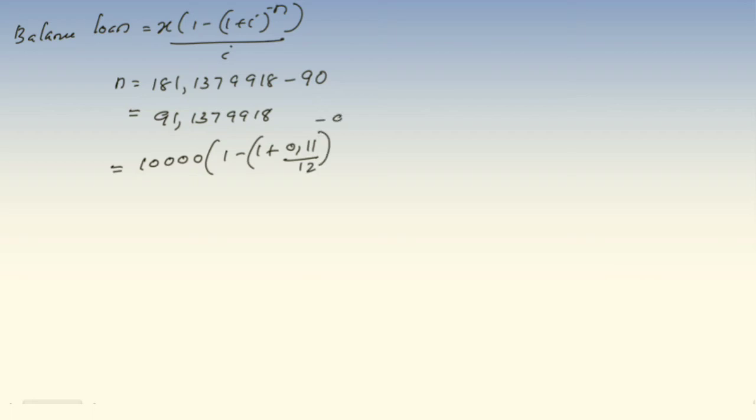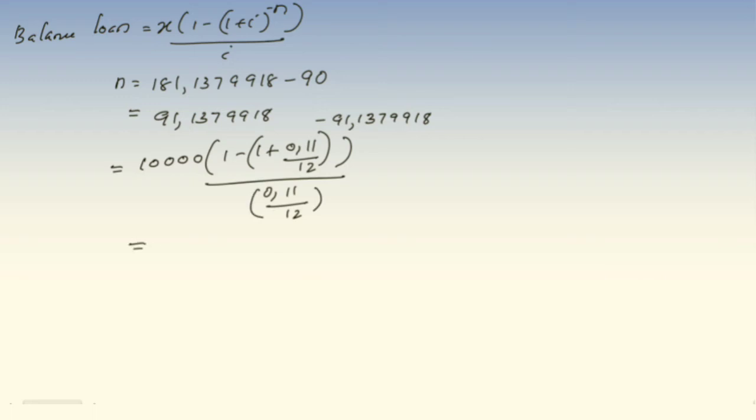You have to write 91.1379918, not the rounded off one, the exact one you have to use. Divided by i, that is 0.11 divided by 12.